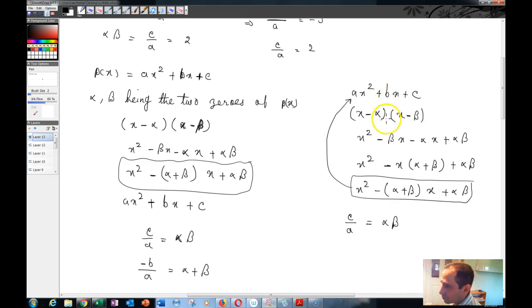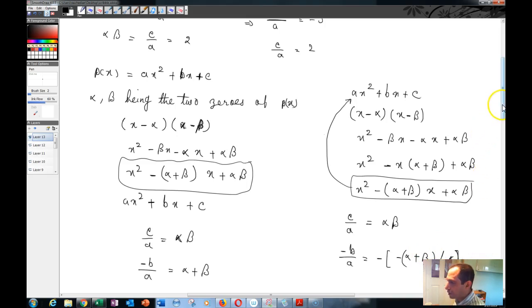And then negative b by a is going to give you negative of negative alpha plus beta divided by 1.